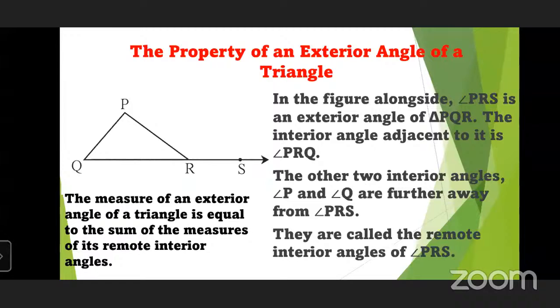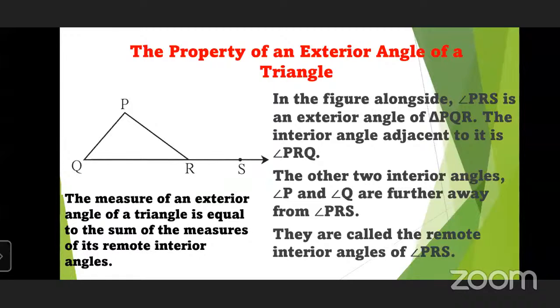Now here, angle PRS is the important one, and angle Q and angle P are known as remote interior angles. Interior because they are inside the triangle, and angle PRS is an exterior angle because it lies outside the triangle.